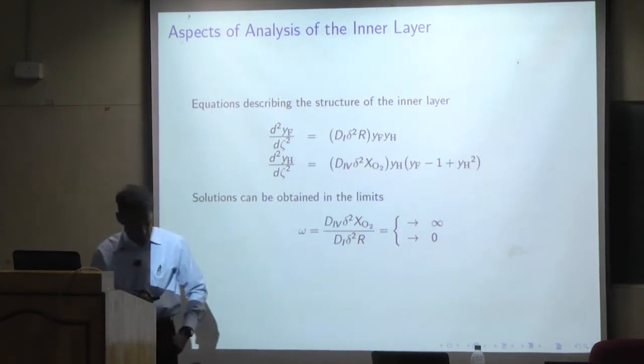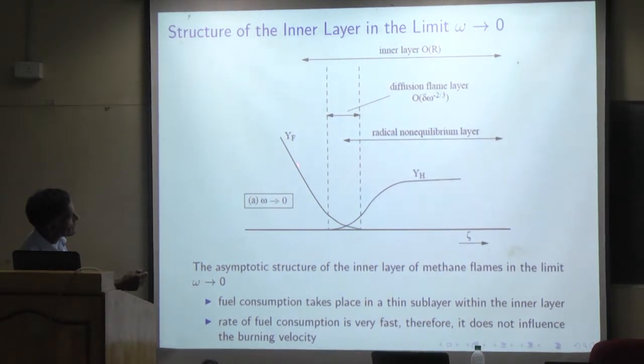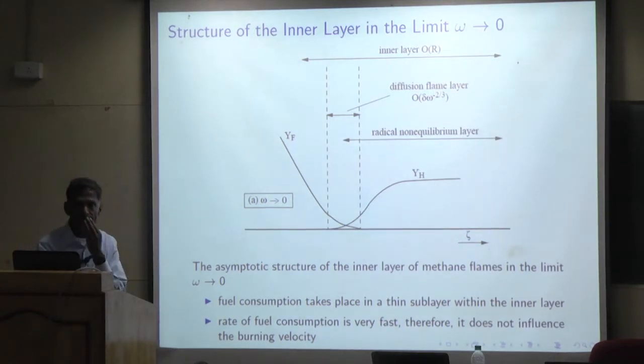So you get a different structure, this diffusion flame type of structure. This is Y_F^f and Y_F^h, and then again there is the order epsilon there on the right-hand side. So these are enormous simplifications.